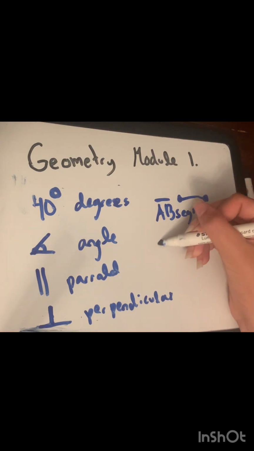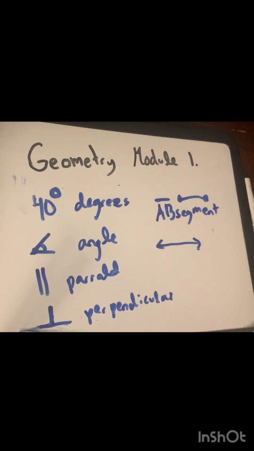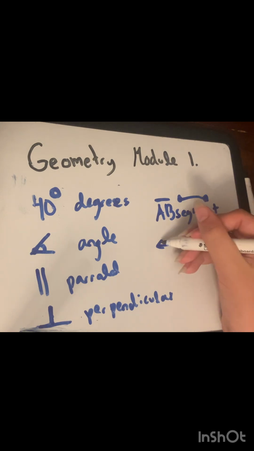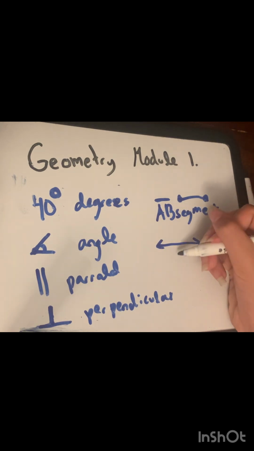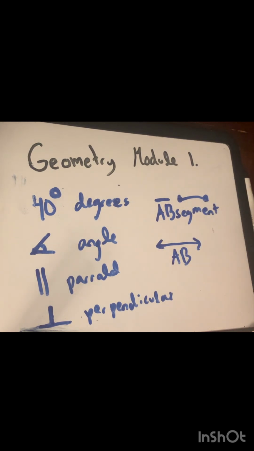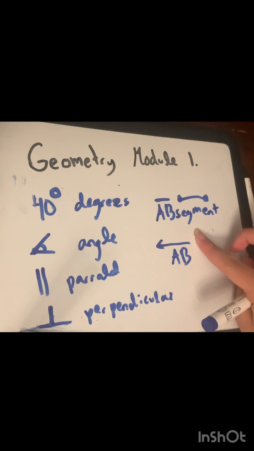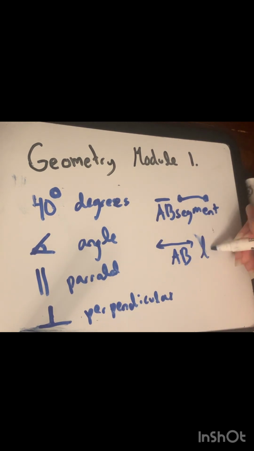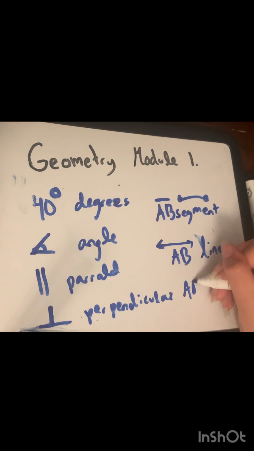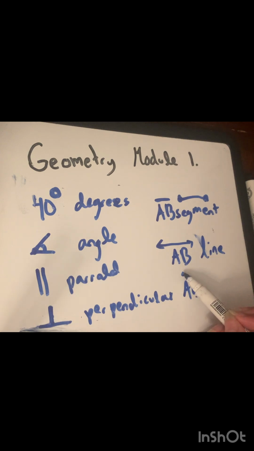A line is infinite. So they put these 2 arrows in the AB. It's a little bit shorter like this, you know. That's how a line is represented in symbol. A ray is a point and a line with an arrow.